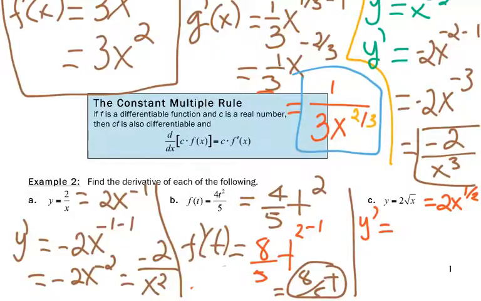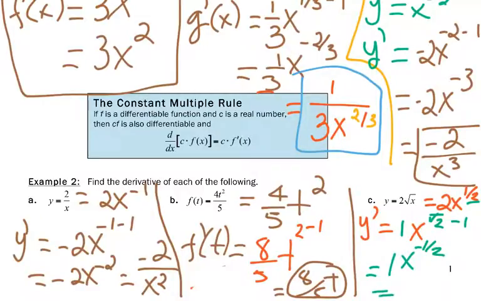So in this case, 1/2 times 2, if you look at this one, I'm taking the exponent and multiplying the coefficient, so 1/2 times 2 would give me 1, x, and then I would have 1/2 minus 1, which would give me 1x to the negative 1/2.